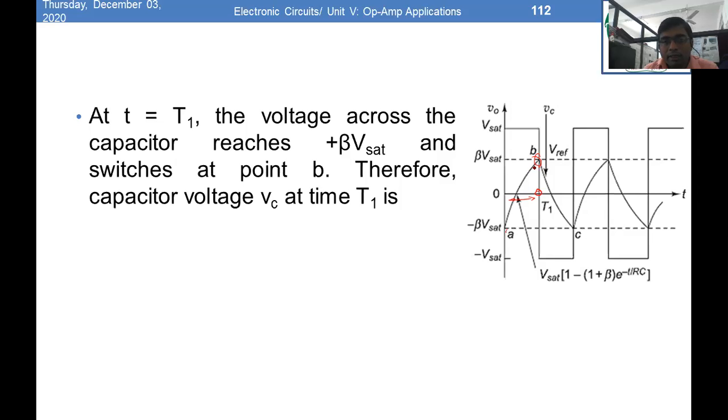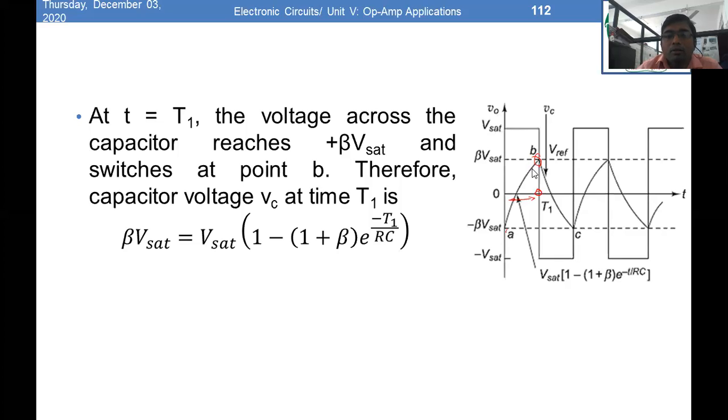Therefore, the capacitor voltage Vc at T1 would be equal to, simply in equation number 2, put the value of Vc(t) equal to plus beta Vset. So it becomes Vset, 1 minus (1 plus beta) e raised to the power minus T1 upon RC.